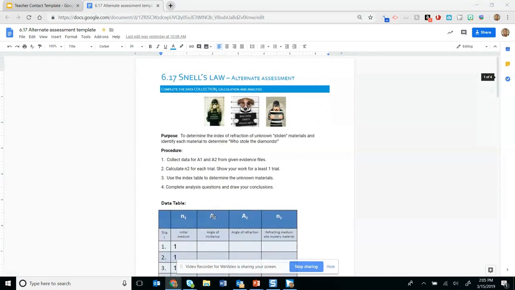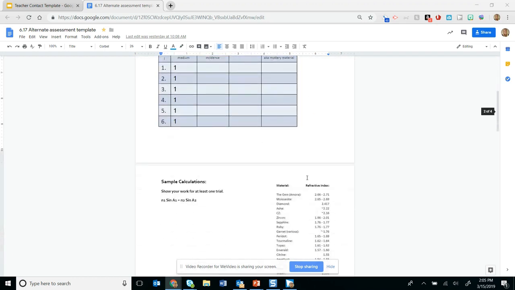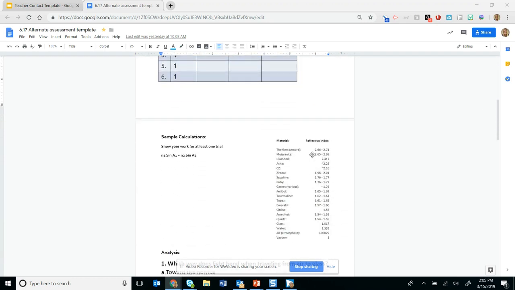So let's go back up to the table here. You'll be collecting data for angle 1 and 2 from the evidence files, and then you'll be calculating N2. And I'll show you that equation in a moment. After you've calculated your N2 values, you'll need to go to the index table to identify what your mystery material is.